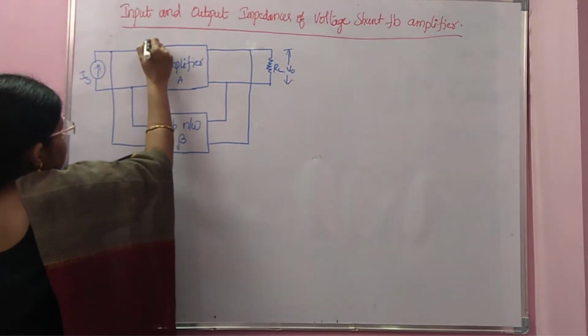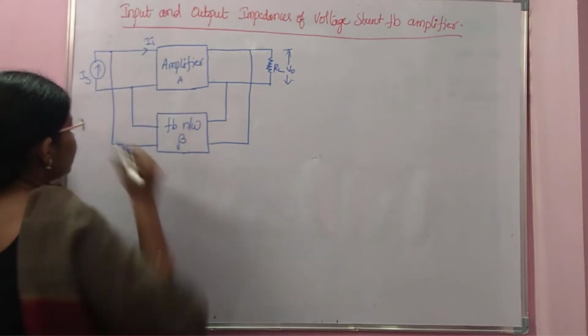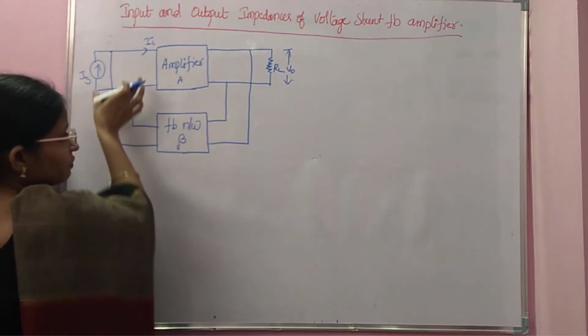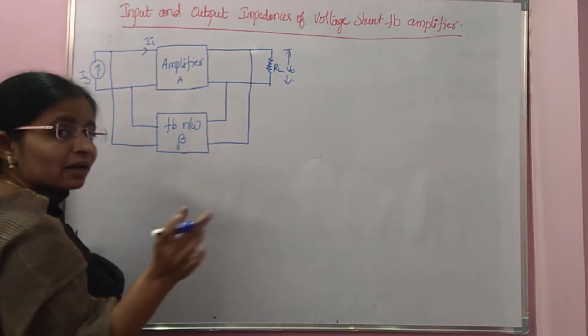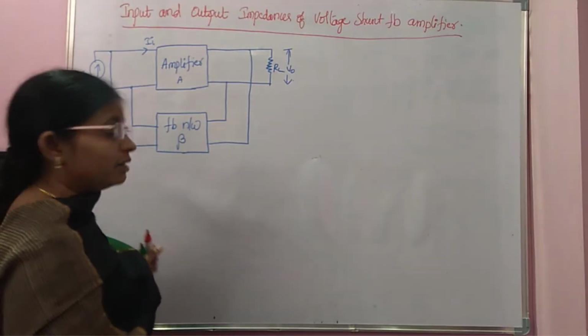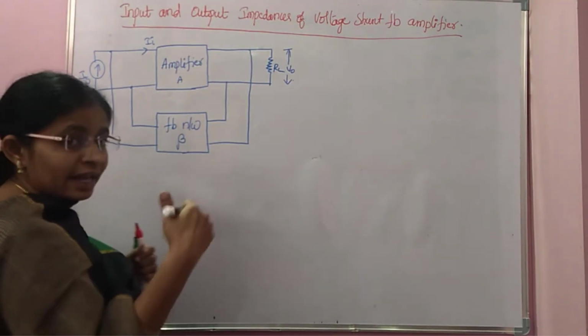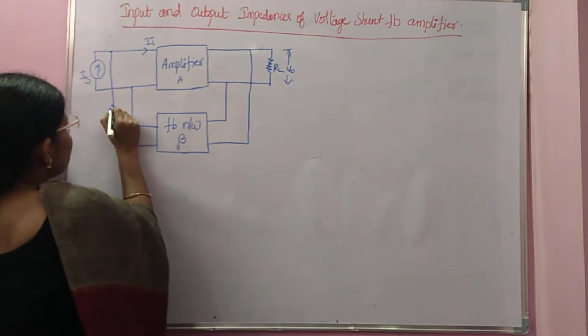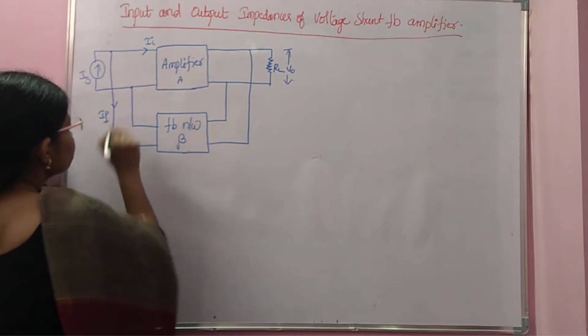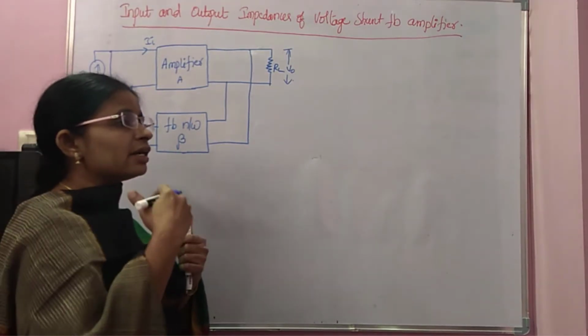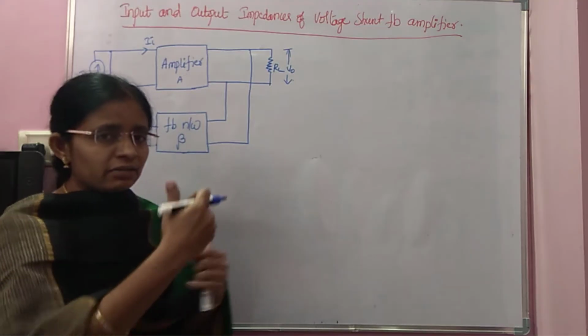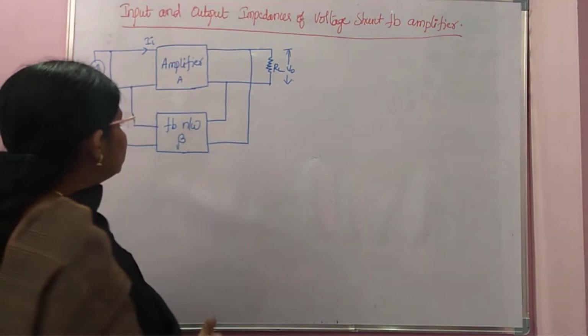The current into the amplifier is II, and the feedback network mixes the feedback current with the input current. Feedback is negative, so you must indicate the direction of IF downward.